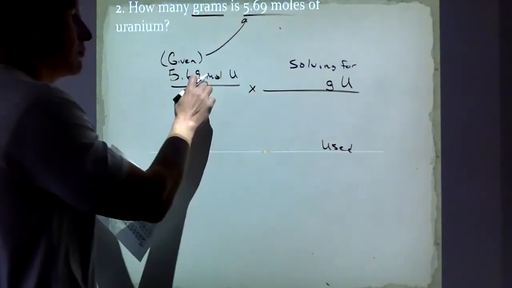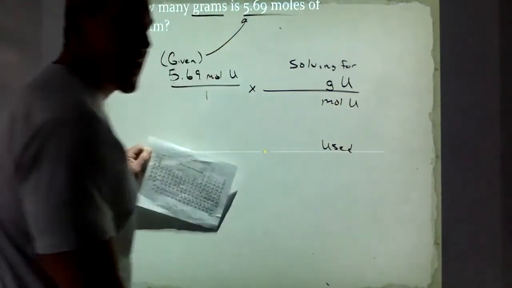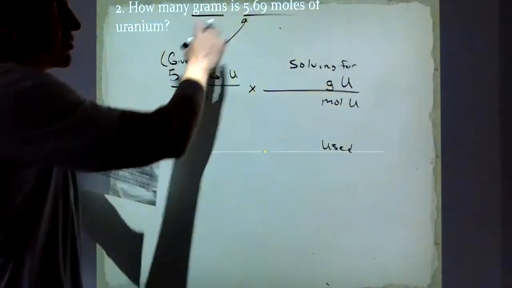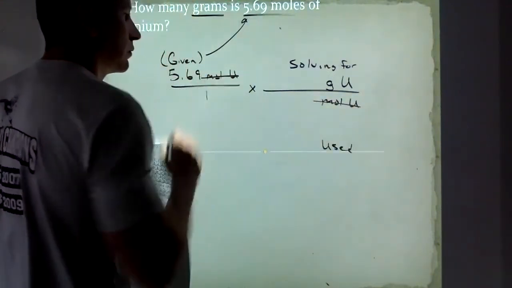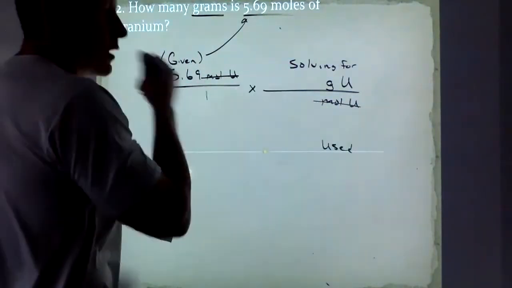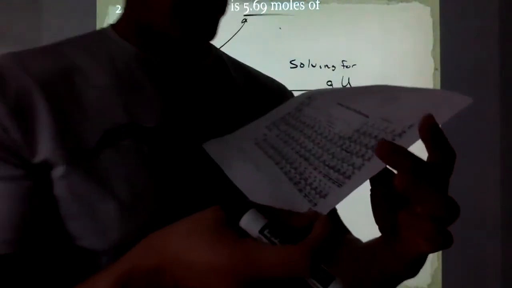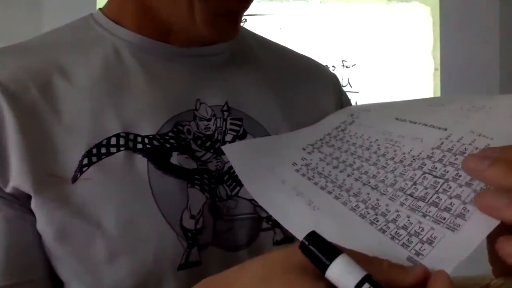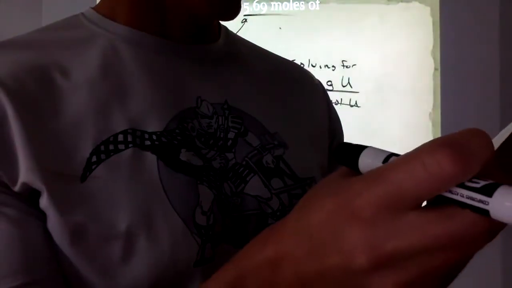And I used moles. So I'm going to put moles of uranium here. And notice that's opposite the way it was in the last one, but we're given different stuff. And remember, these will now cancel. So we just got to put numbers in here. So we look at the periodic table, find uranium, and uranium is 207, I think.